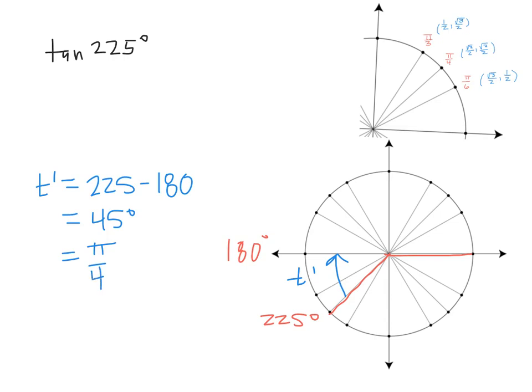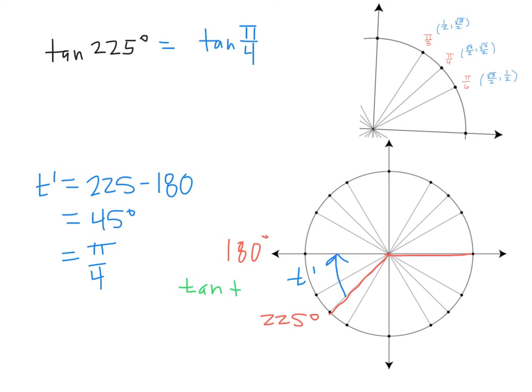Okay, tangent 225 is going to be equal to the tangent of pi over 4, its reference angle. We want to figure out if it's the same sign, positive or negative. So in the third quadrant, tangent is positive because it's y over x, and both are negative, so it ends up being a positive.